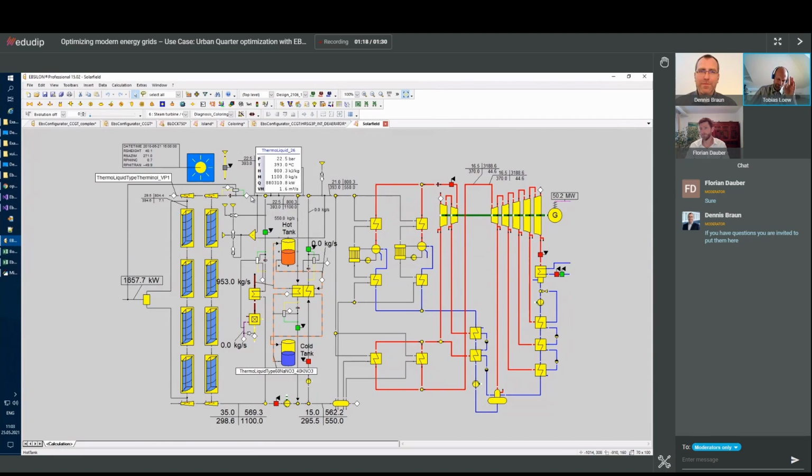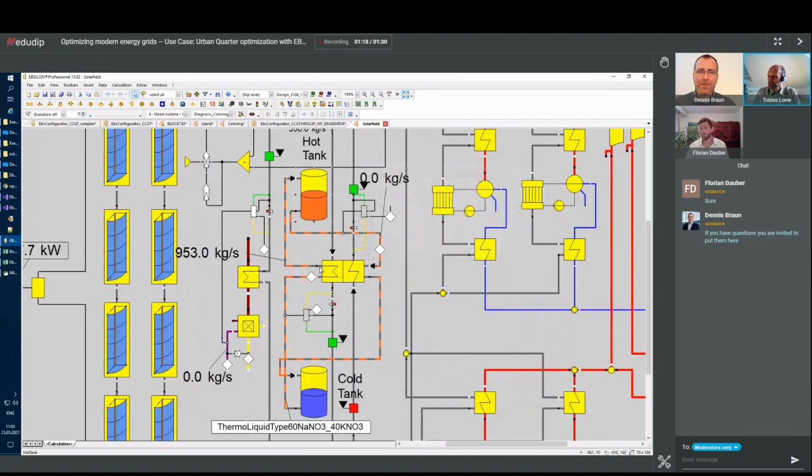Oh no, sorry, no, that's oil. That's oil on the outer side, and in here we have heat exchangers which can put the heat from the oil to the molten salt, and the molten salt is only circulating between those 2 tanks. Okay, sorry for that.